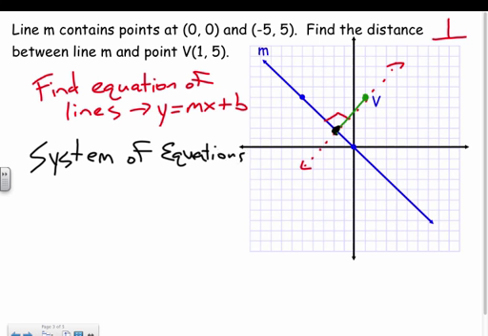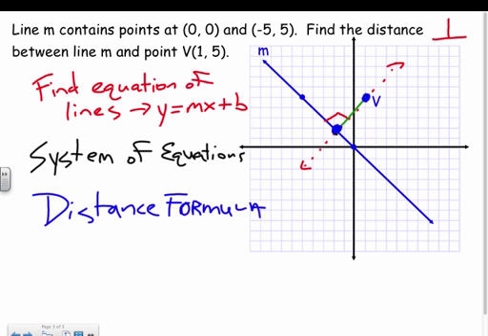And finally, once I know the point where they intersect, and I already know B, now I have 2 points, so I can find the distance between those by applying the distance formula. So this is a process, isn't it? I got to find equations of the line, set up a system of equations, and finally use the distance formula. Ooh, boy. All right, well, we better get to work here.